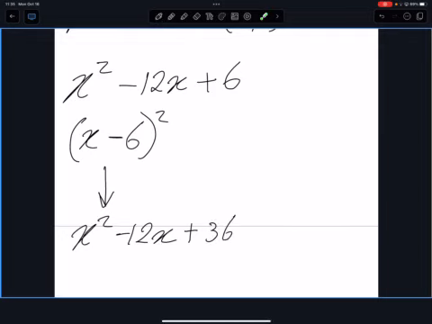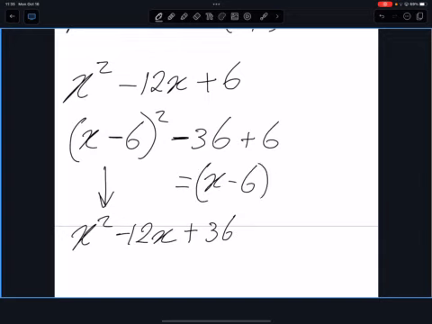The positive 36 I do not need. So what do I do with a positive 36? Subtract it. And then what do I do? I add the 6 from the remaining formula. In turn, it becomes x minus 6 squared minus 30.